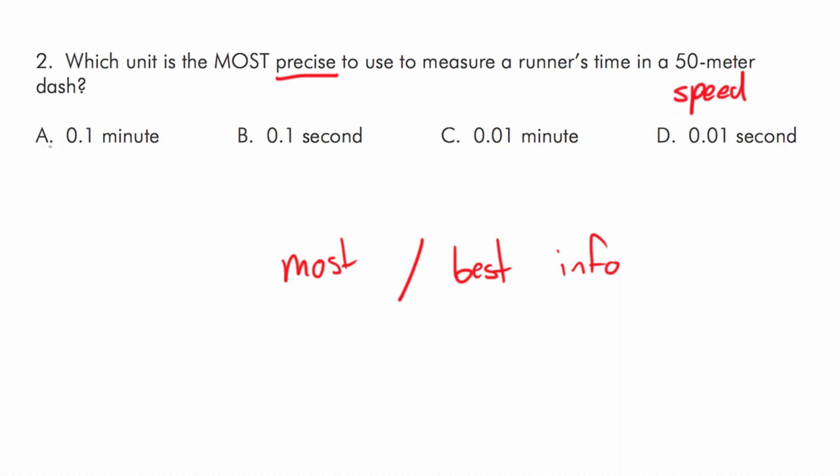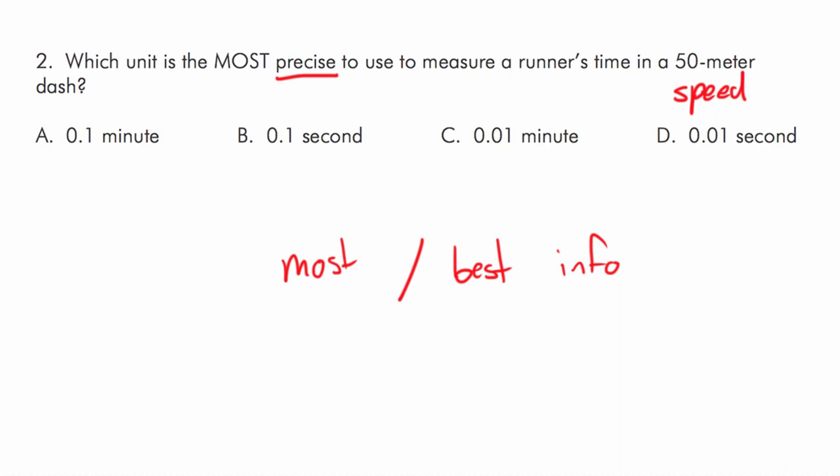So now I'm looking at my answer choices. If I didn't have these here, I'd think, well, okay, I know that if you run pretty fast, it's just going to be a matter of seconds that you get to the finish line in a 50-meter dash. If this was a 10K, or if this was a really long run, we wouldn't be talking about seconds, we'd be talking about hours. And if this was a mile, you can run in a handful of minutes, faster or slower.